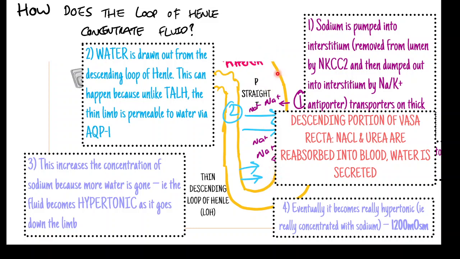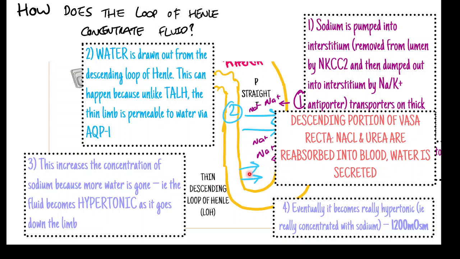So what does that mean? That means that water in the blood is going to move out into the interstitium, and also by osmosis, NaCl and urea are going to move into your blood to equilibrate it. So by the time we've got to the bottom, water has been drawn out from the vasa recta, and sodium and urea have been reabsorbed into the blood.